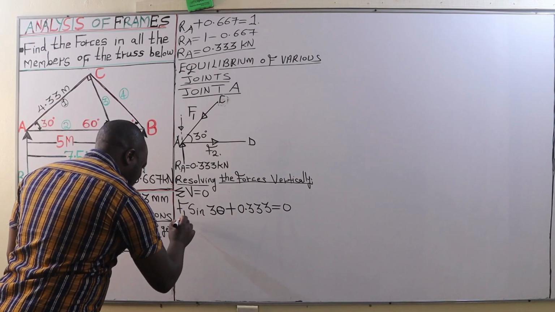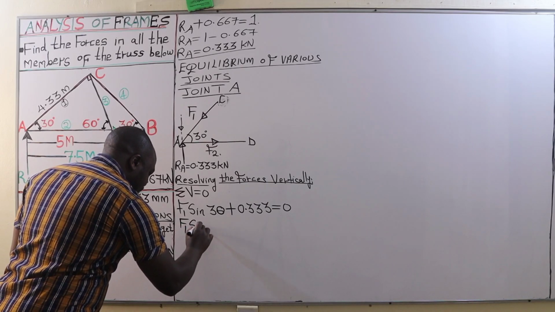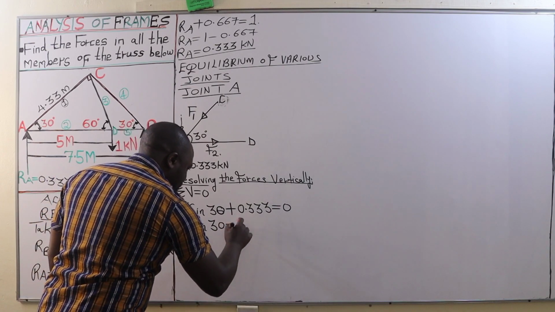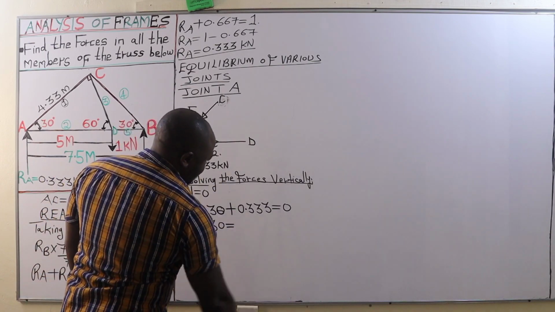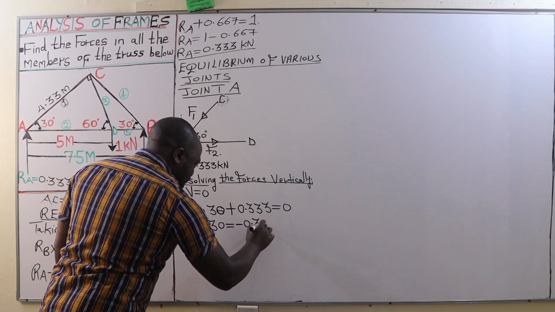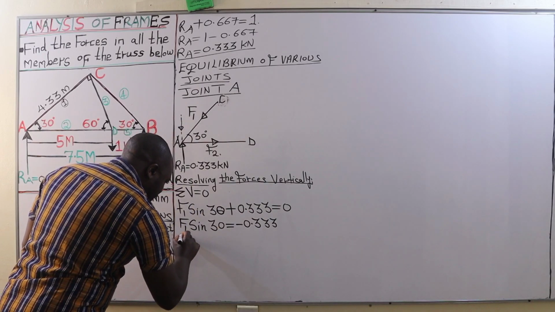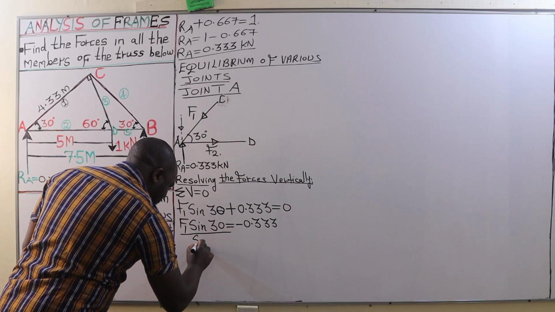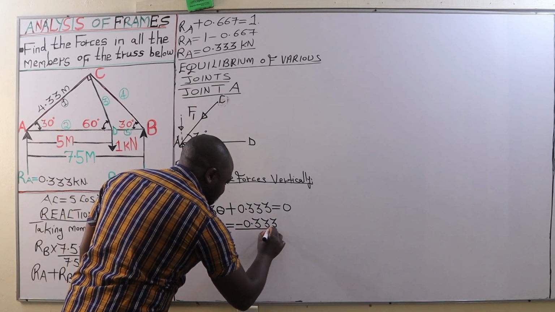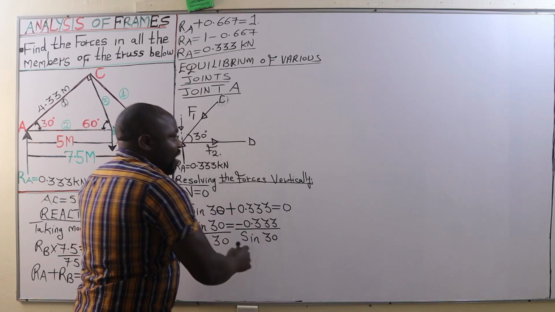Therefore, this leads us to F1 sine 30 being equal to, taking 0.333 to the other side of the equal sign, negative 0.333. To get the value of F1, we divide both sides by sine 30.